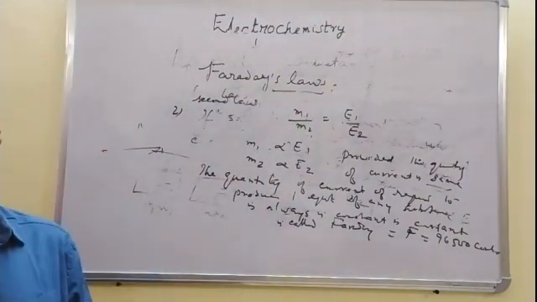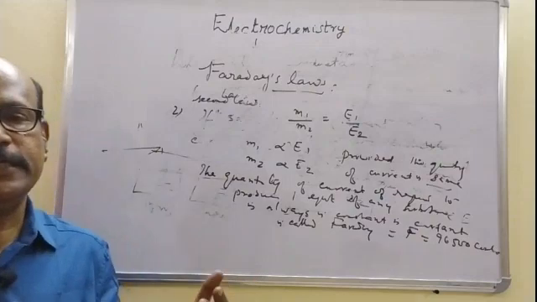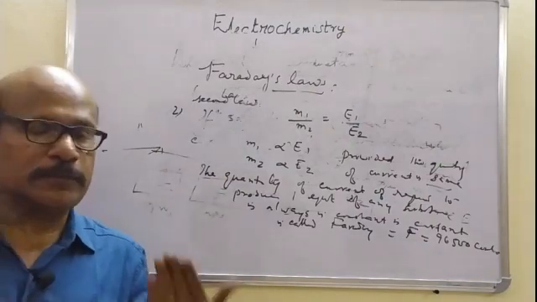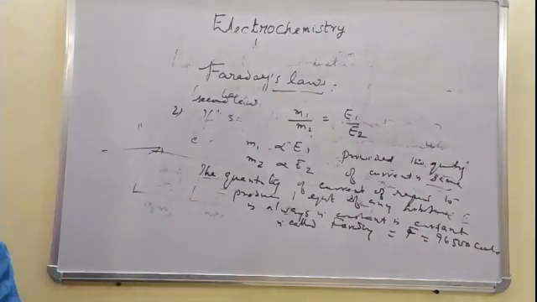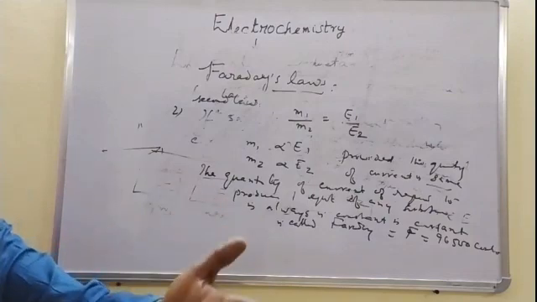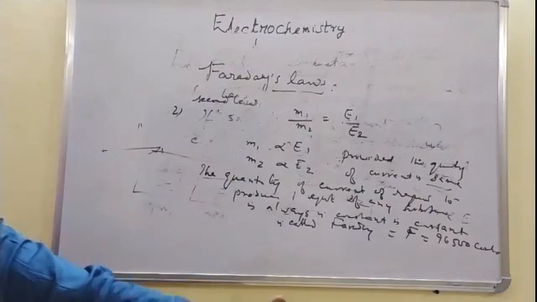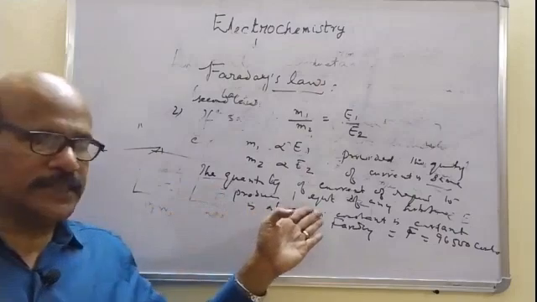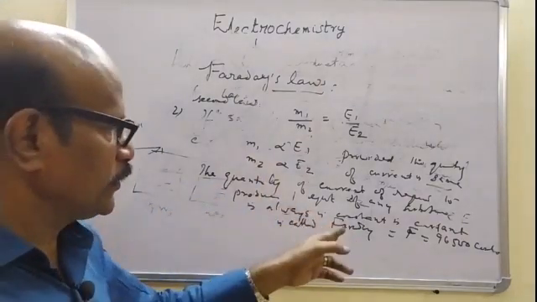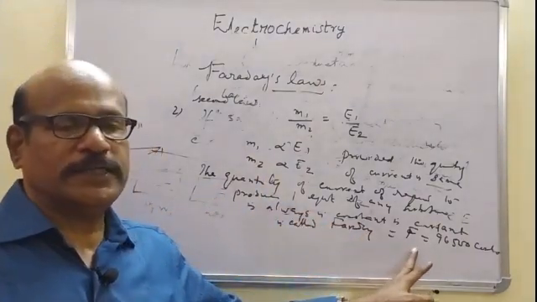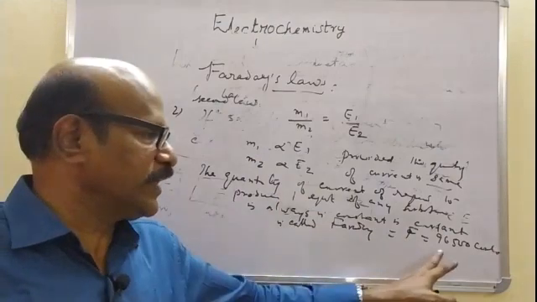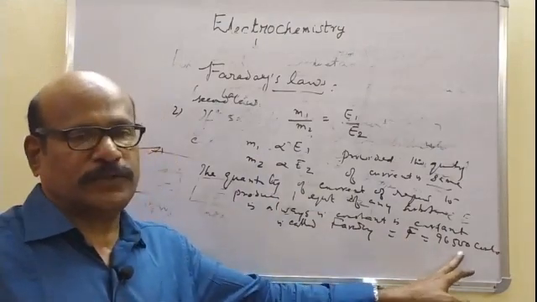Suppose the same quantity of current is passed through different electrodes. The amount of each substance deposited is proportional to their respective equivalent mass. Therefore, the quantity of current required to produce one equivalent mass of any substance is always a constant, and that constant quantity of current is called Faraday, equal to 96,500 coulombs.